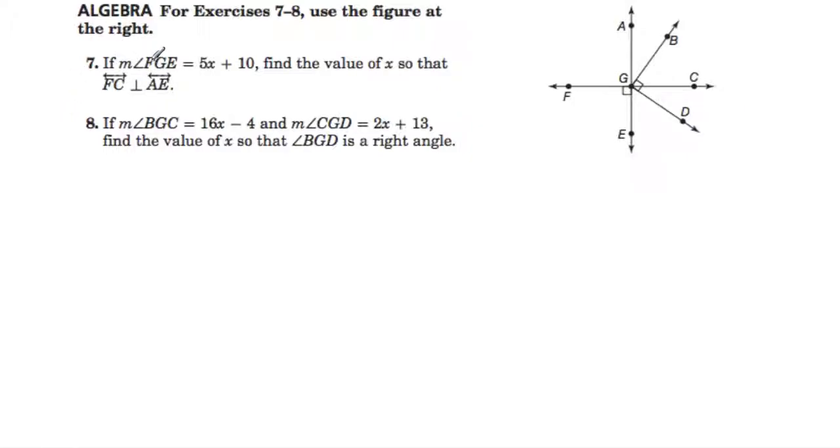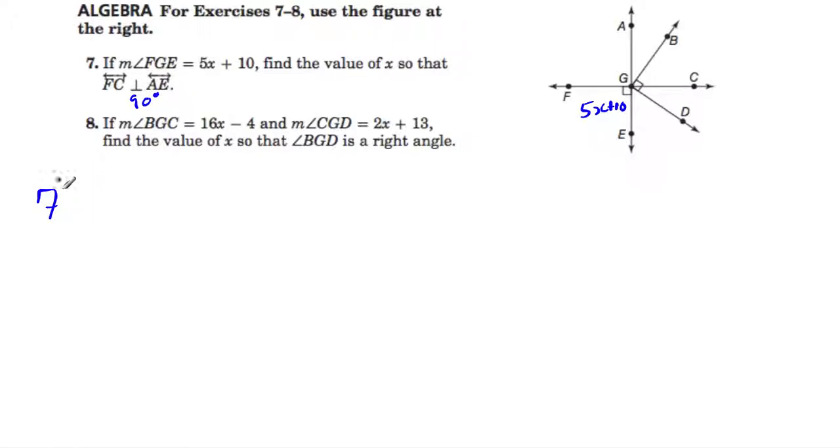So if the measure of angle FGE right there is 5x plus 10, find the value of x so that FC is perpendicular to AE. Well, we can already see that this is 90 degrees, and if they're perpendicular, that's also going to mean 90 degrees.